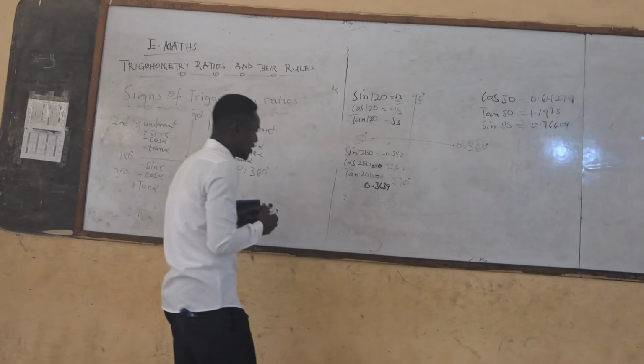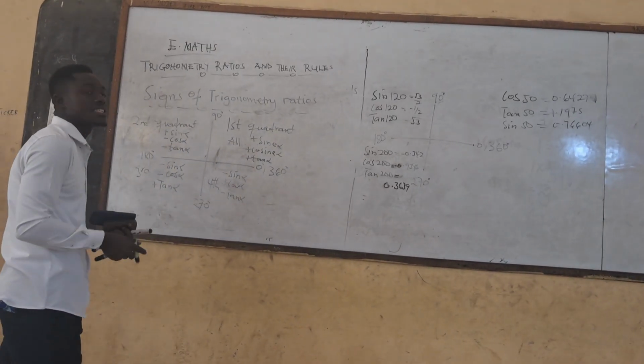So as you can see, in the third quadrant, only tan is positive.